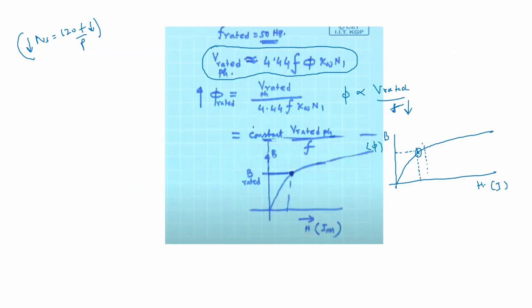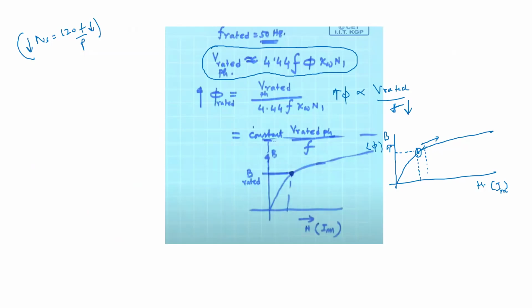So this is B versus H, or phi versus I also. Okay. Now, what happens is that because your frequency has reduced, phi will try to increase, so we will move in this direction.